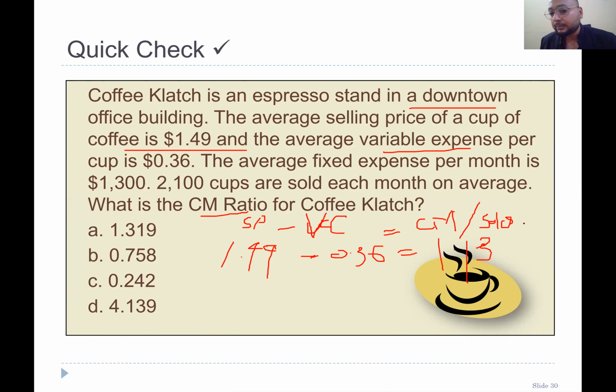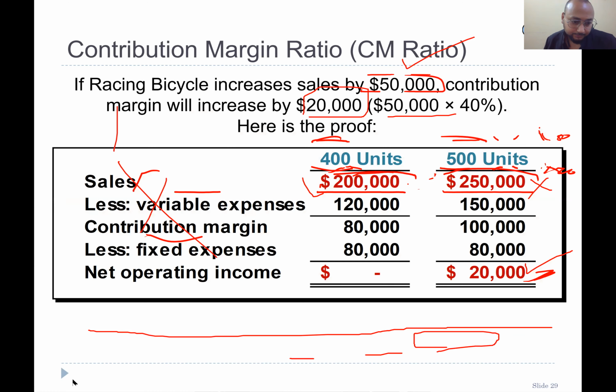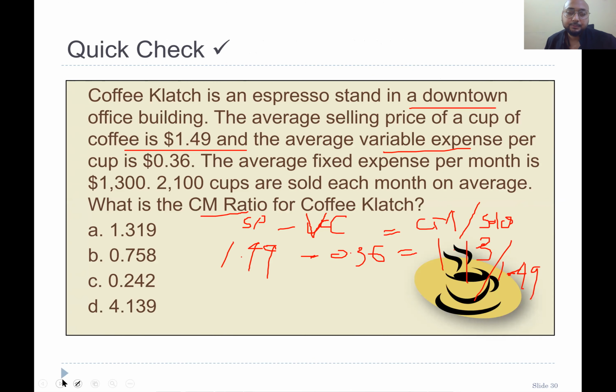So here the sale is 1.49. So 1.13 divided by 1.49. So do we have 75.8%? 0.758. The answer would be B.